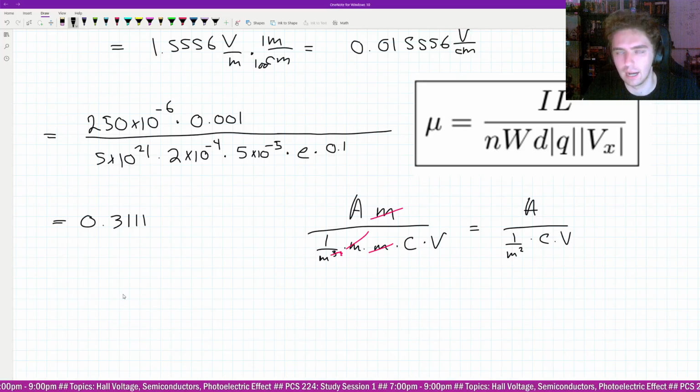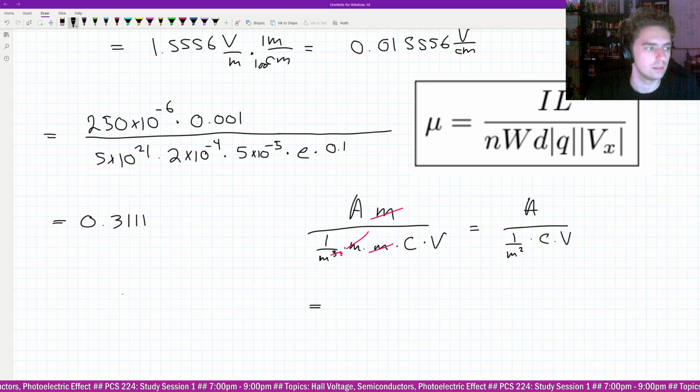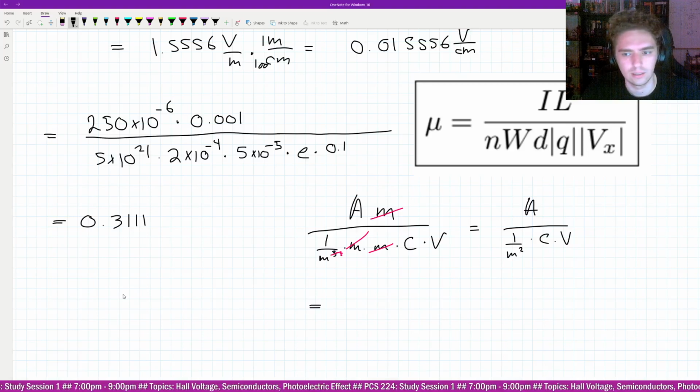Okay, coulomb volt is a joule, and an amp is a charge per second, but I don't think we want to go to joules. Do we want to go to seconds? Oh yeah, we do want to go to seconds. Coulomb per second, yeah. Coulomb per second over a coulomb volt. I might want to leave the coulomb there because then it'll cancel, and a volt per meter.